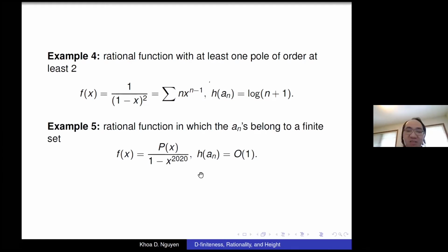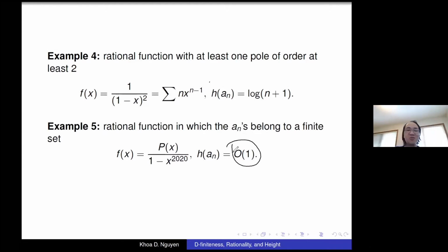There is a Northcott principle that if you consider a fixed number field, then there are only finitely many elements of bounded height. So again, in this case, the rho of the height is O(1).